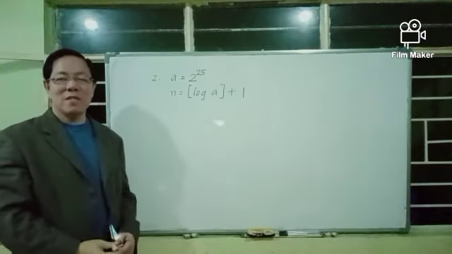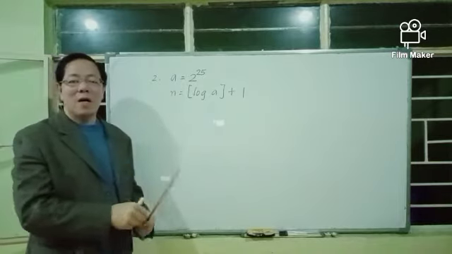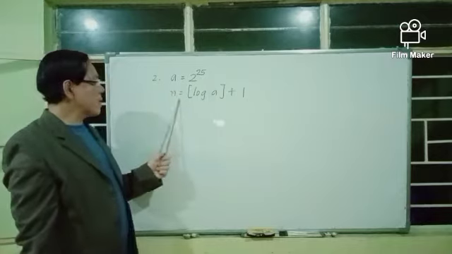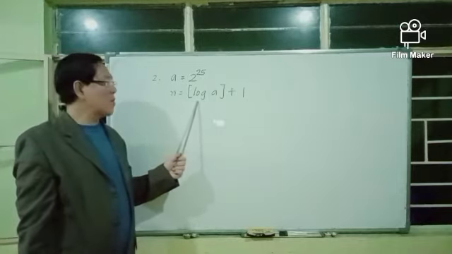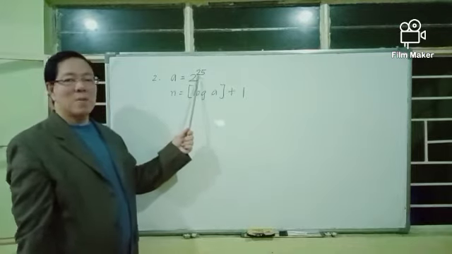By using the greatest integer function, the number of digits n is equal to the floor of the logarithm of a plus 1, where a is 2 to the power 25.